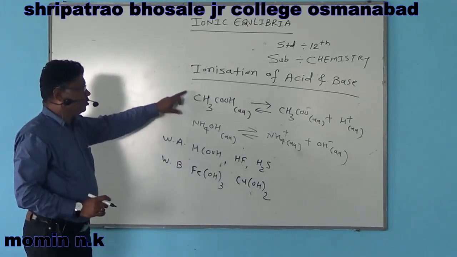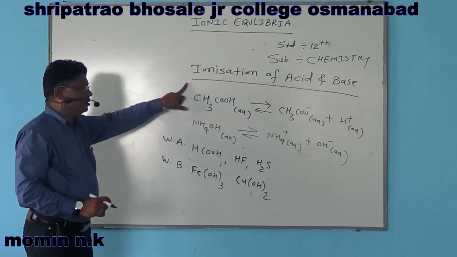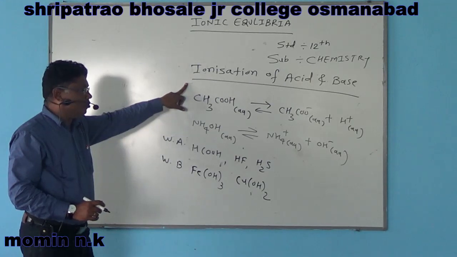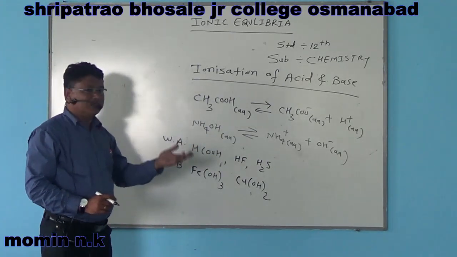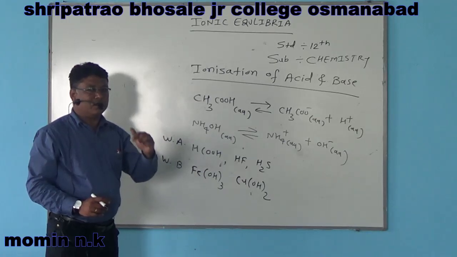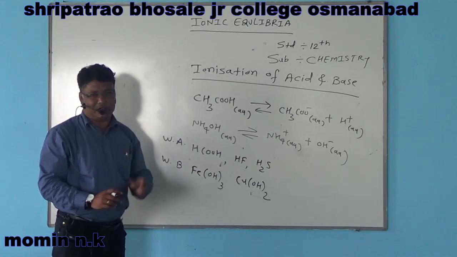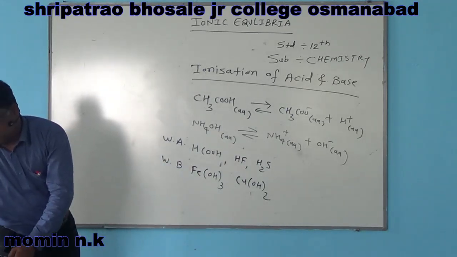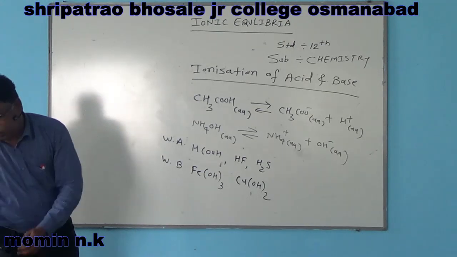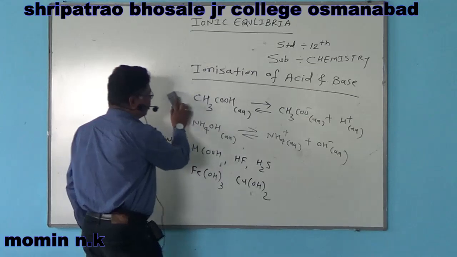So this is about the ionization of acids and bases. They are classified as strong acid, strong base, weak acid and weak base on account of the extent of their ionization or dissociation. After that, we want to know what is called the dissociation constant of weak acid and weak base.